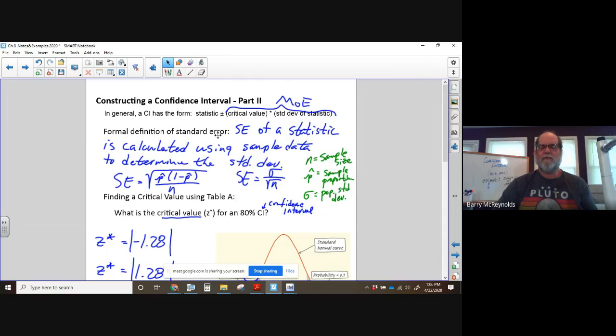But for right now, the standard error is simply the standard deviation of the statistic that we're using. Today, we're going to be talking about p hat. Tomorrow, we'll talk about x bar. This standard error will be calculated using the population standard deviation and the size of the sample.